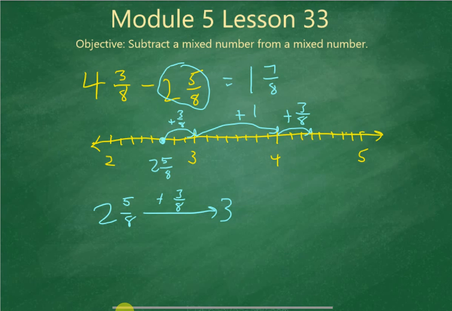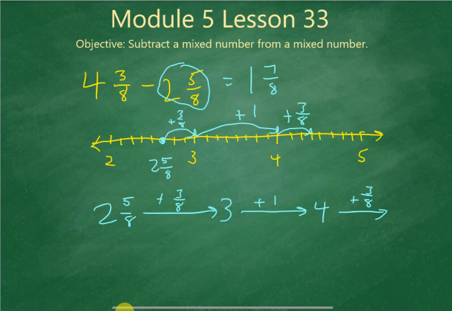Then we need to get to 4 and 3/8, so we do another plus 1 whole. Plus 1 gets me to 4 wholes. And then how many more to get to 4 and 3/8? Plus 3/8.